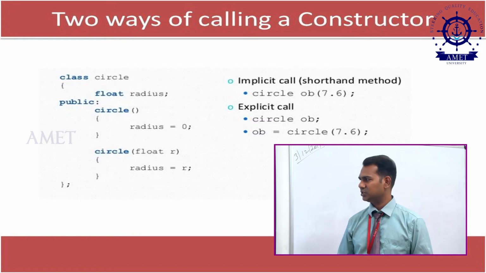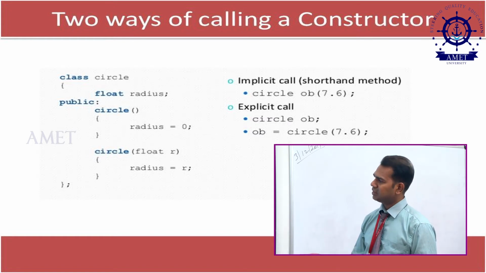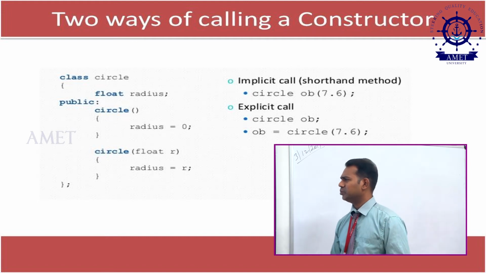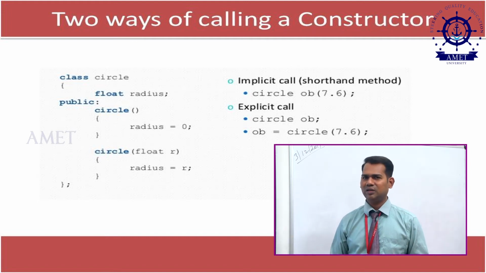It has been changed. And followed by, explicitly also we can call a constructor, and both ways of calling are very legal; whichever you are comfortable with, you can use.